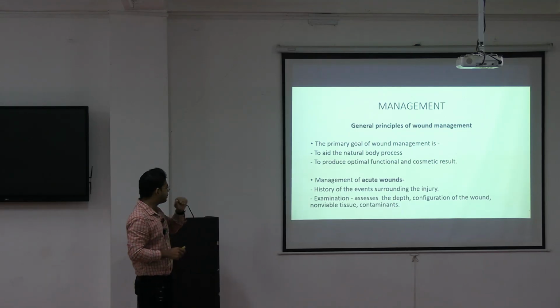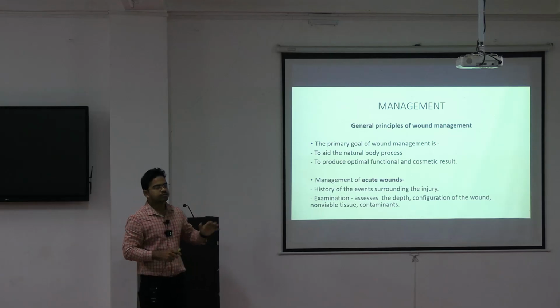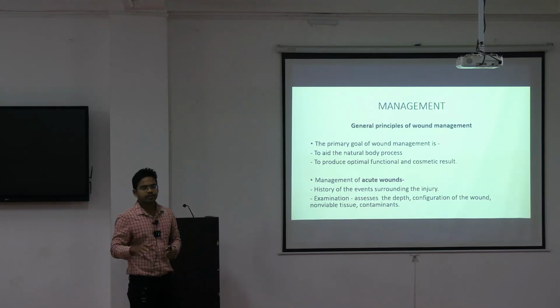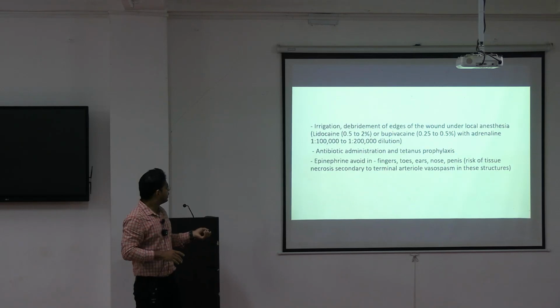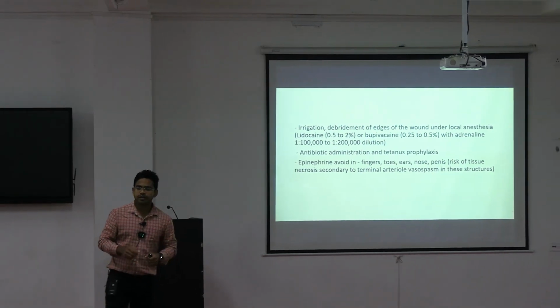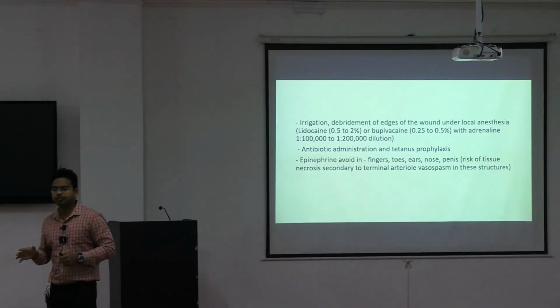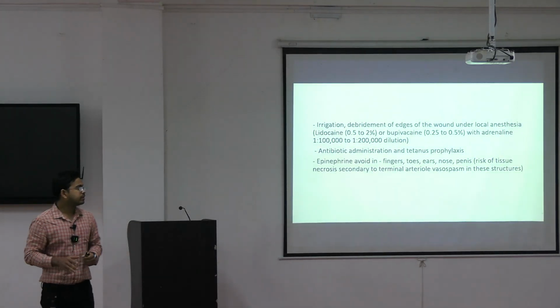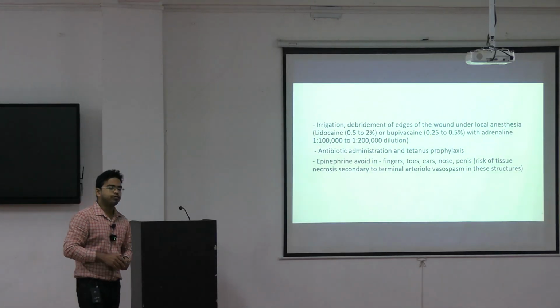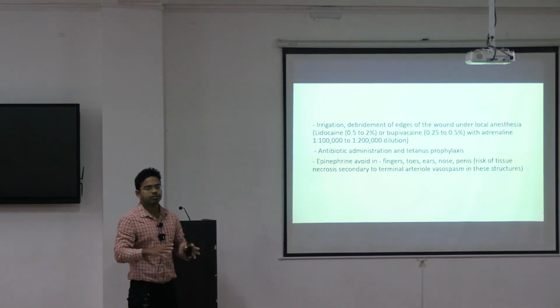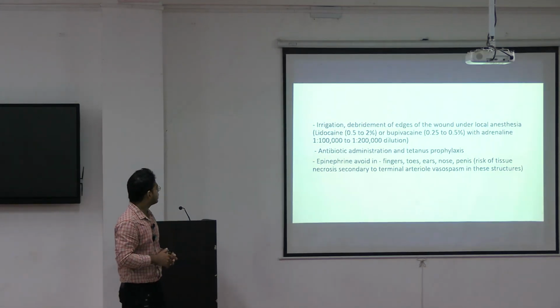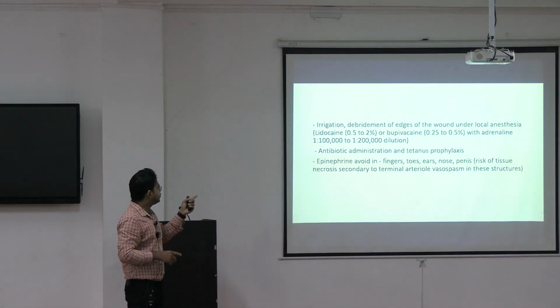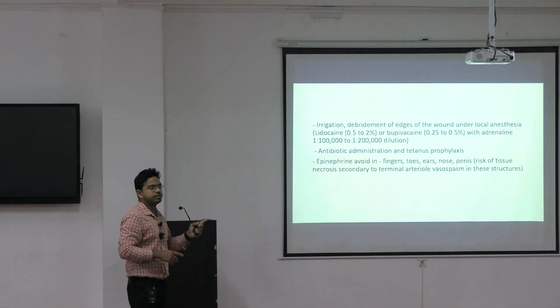After giving the local anesthesia injection, you explore the wound nicely, you irrigate it, and then you start debridement. Debridement means you excise and remove the dead tissue. After that you use povidone iodine solution to clean the wound thoroughly. Clear? Then you need to give tetanus and antibiotic.